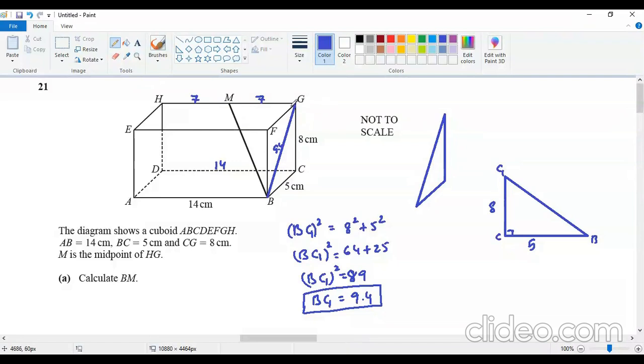So you know very well that this is also a right angle triangle, in which the hypotenuse is going to be... now comes another right angle triangle. We make it with a different color. Now we know very well that this is already given, 9.4.